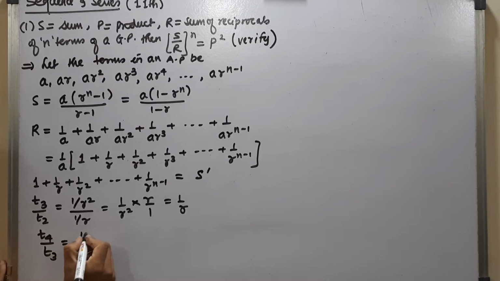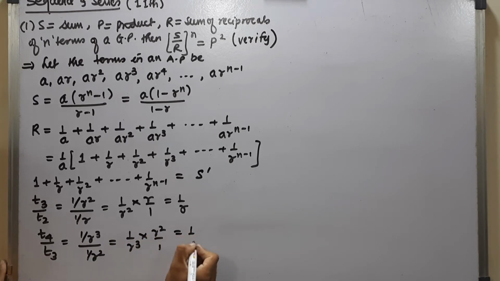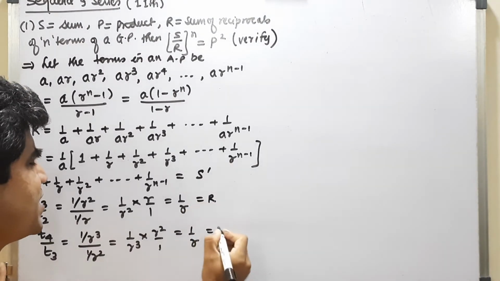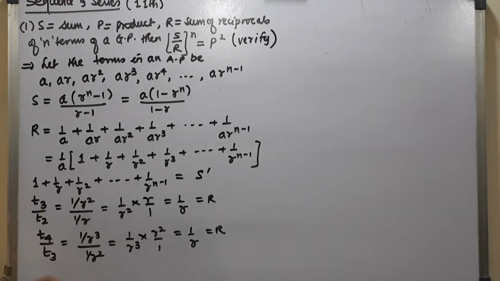So I get here 1 by R cube to 1 by R square, which is 1 by R cube into R square by 1, which is again 1 by R, and let this be your common ratio. Okay, so ratio is common, that means it is a GP.